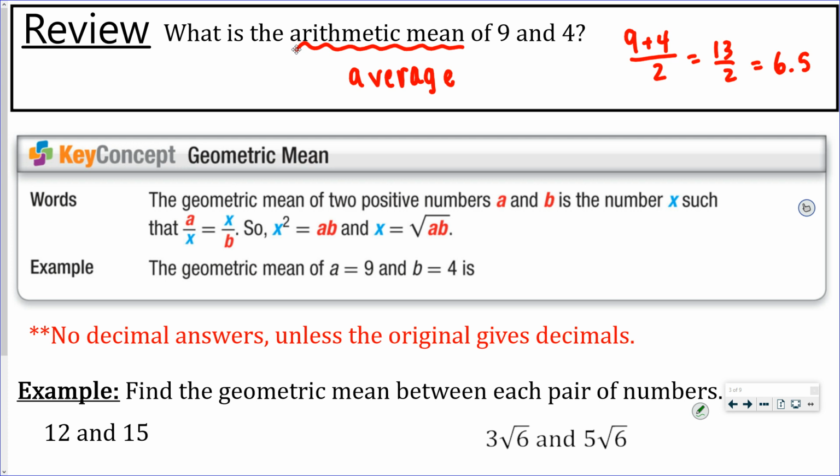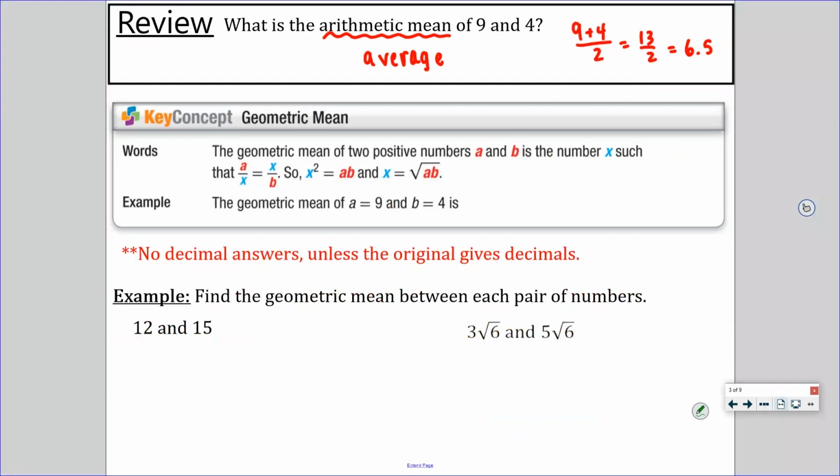What we're going to talk about is the geometric mean, because this is geometry. Get it? The actual concept of a geometric mean is more used in statistics, and we're not going to really get into that. What you need to know is the geometric mean comes from a proportion.